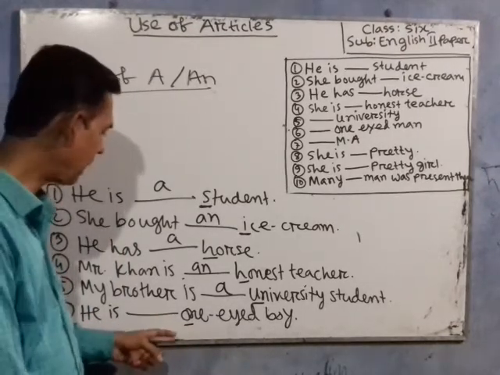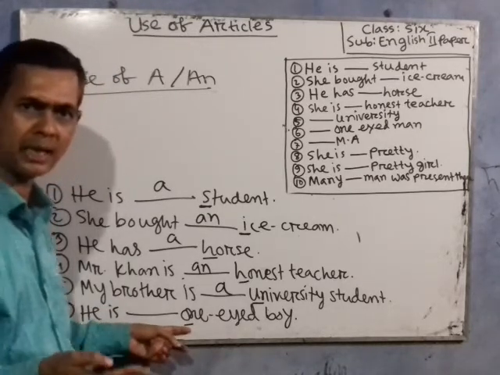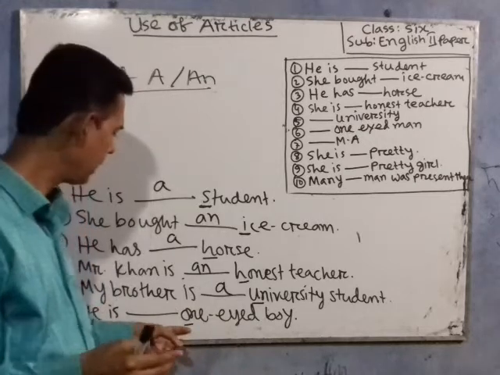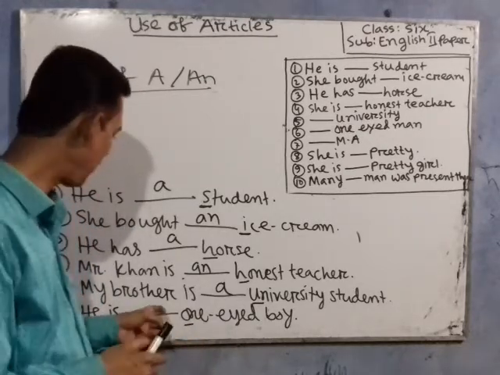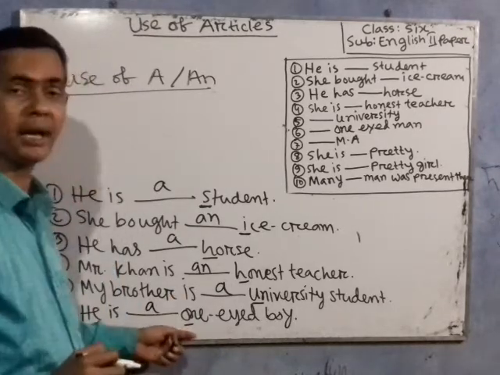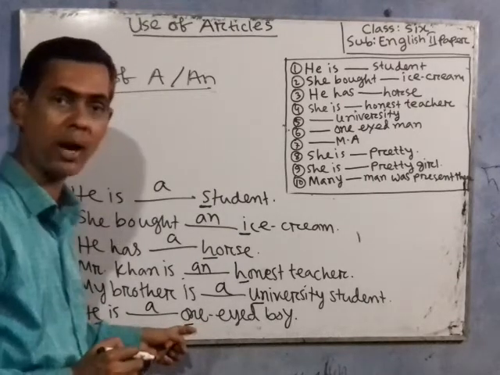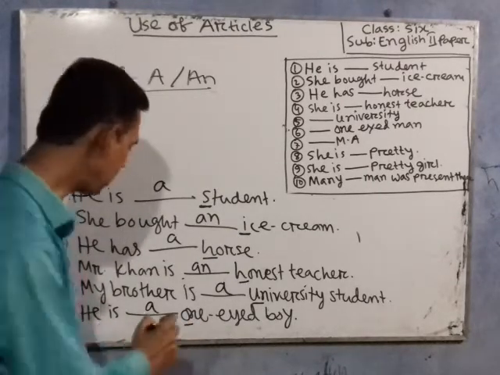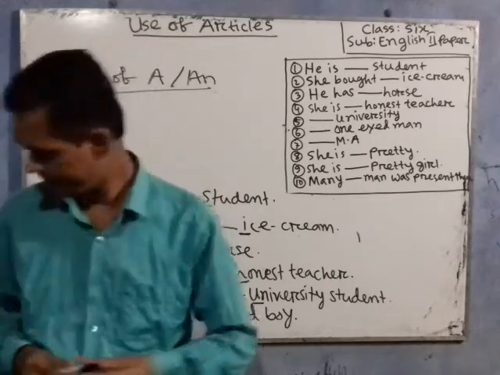But you have to remember that if O is pronounced like wa, here A will be used instead of An. So here one, that means wa. That is why here A is used. Okay, does everybody understand?